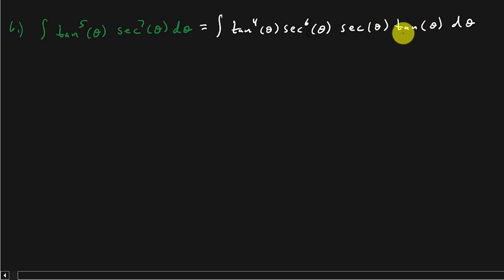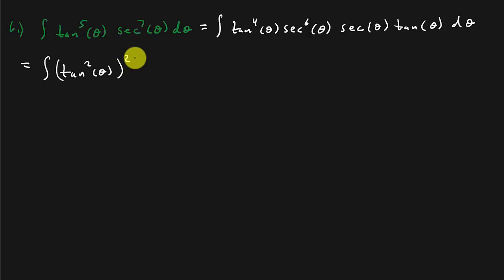The derivative of secant is secant tangent. So I need to get this tangent in terms of secant. You see that? So this is going to be what? Tangent squared, right? Because I know tangent squared is secant squared minus 1.